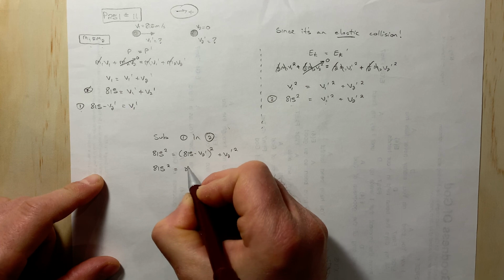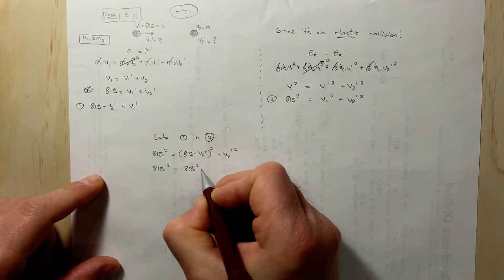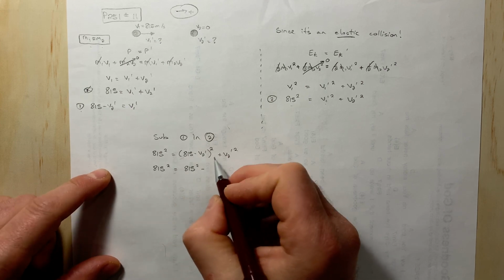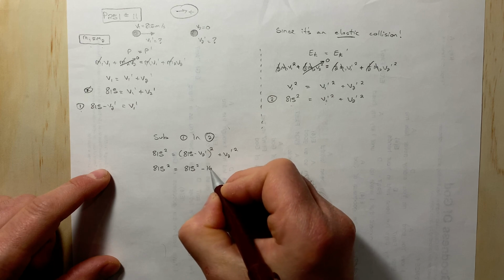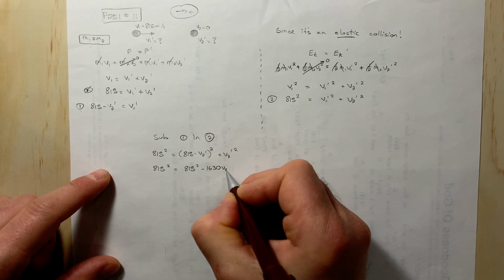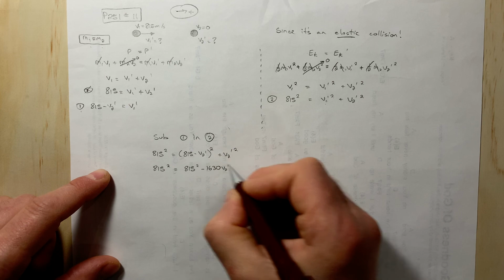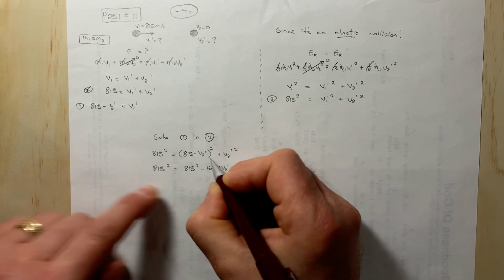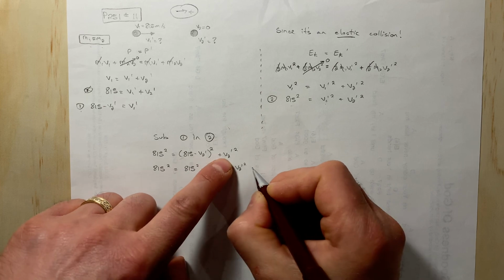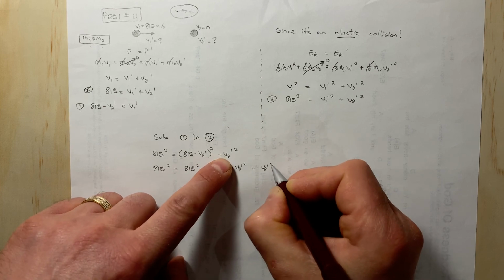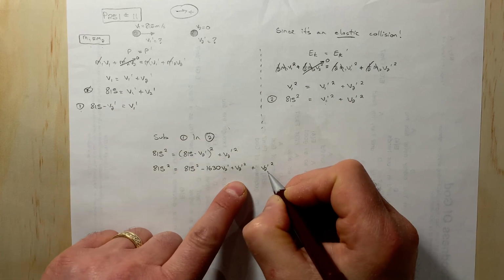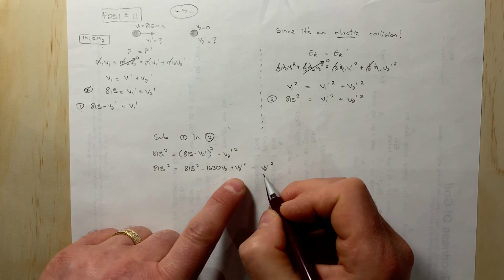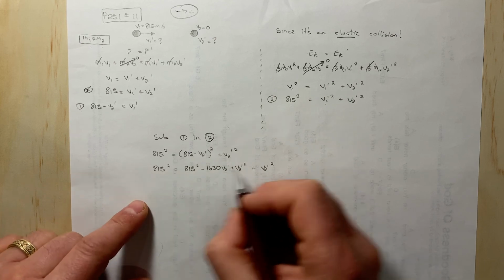This thing is going to be 815 squared minus, let's see, 2 times 815, so this would be 1630 v2 prime, and then plus v2 prime squared. That's this term, and then I still have a v2 prime squared out here. So I actually have two v2 prime squareds.